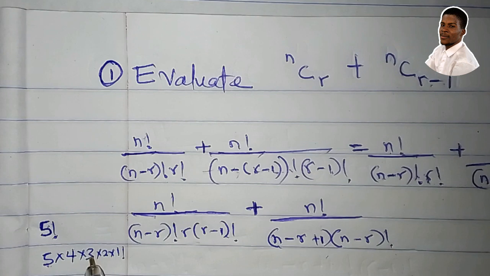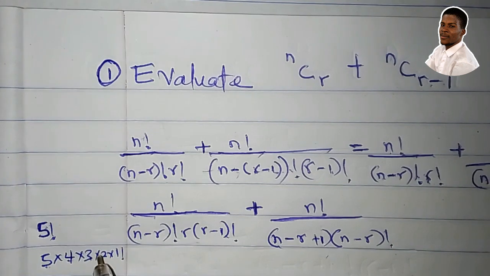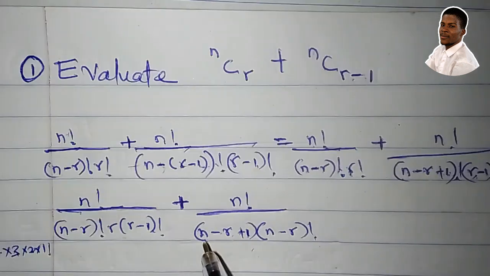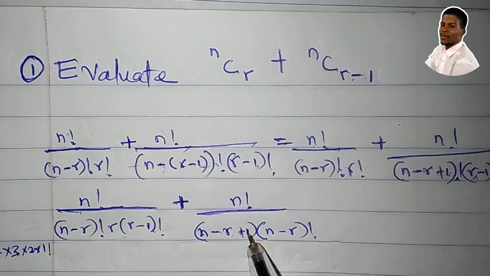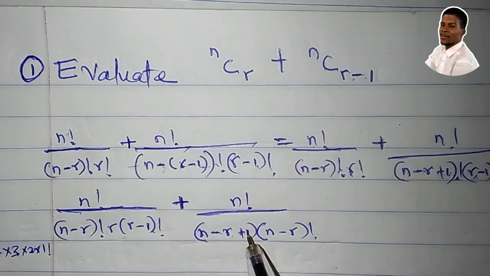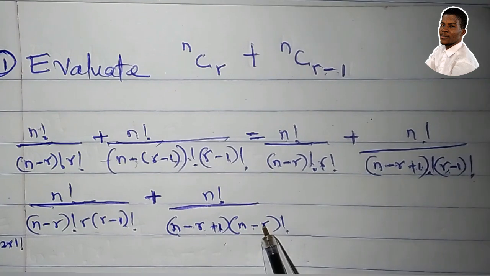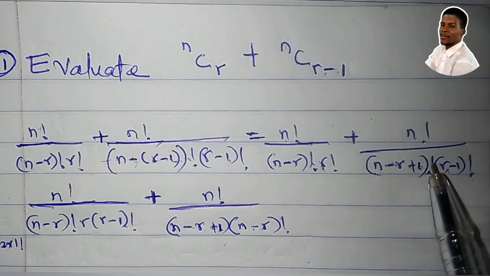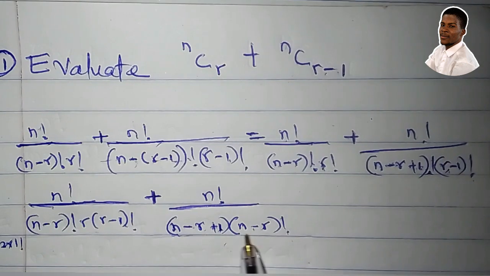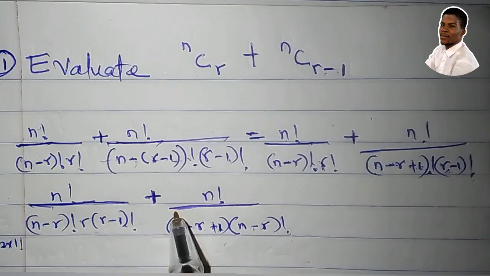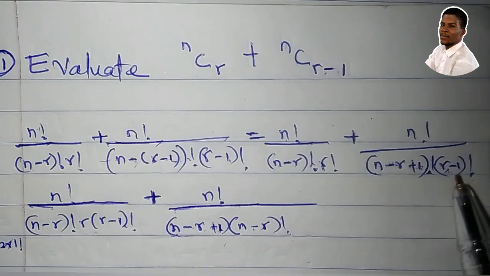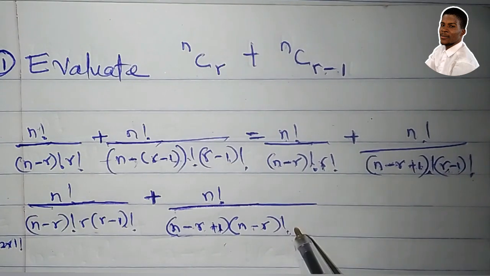To get 3, subtract 1 from 4. To get 2, subtract 1 from 3. So to get the next one after n minus r plus 1, it will be n minus r plus 1 minus 1. So that 1 minus 1 will give me 0. Then we'll just be having n minus r. So (n minus r plus 1) factorial is equivalent to this. Then we have the (r minus 1) factorial there.